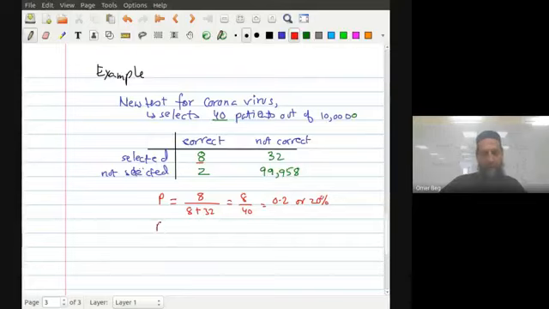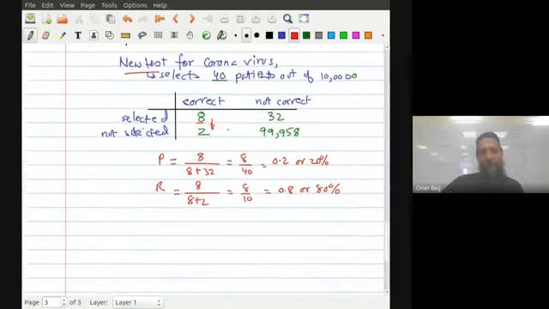Similarly, recall is looking at the percentage of correct items that are selected, or how many of the truly positive patients have been identified. So that's 8 over 8 plus 2, that's 8 over 10 or 0.8 or 80%. So the precision of this new test is 20% and recall is 80%.